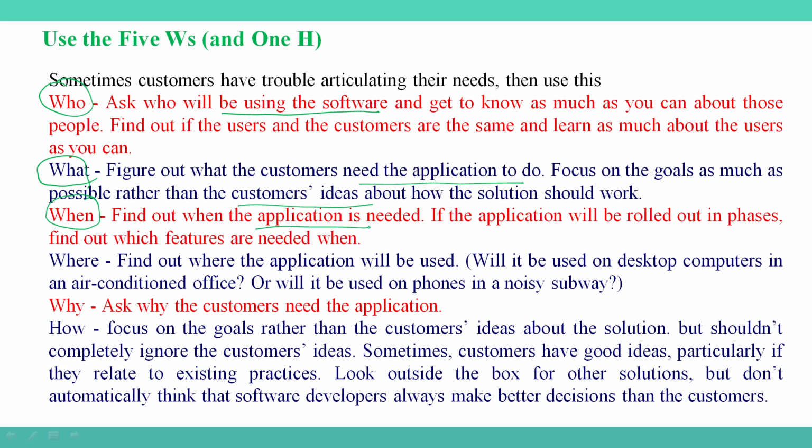That means in the priority, there are two cases: where it should come in the priority, and when in the application this has to be invoked. Then where: find out where the application will be used. For example, as I said earlier, with purchase, where each case is exactly used and why. Ask why it is required.